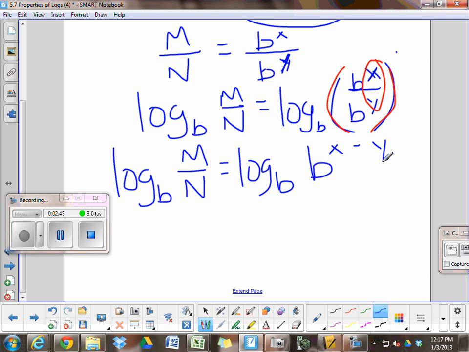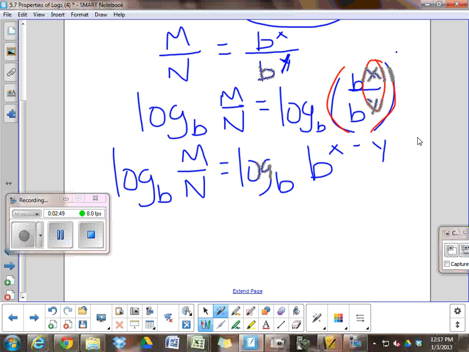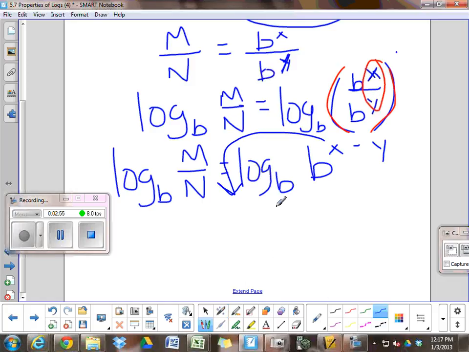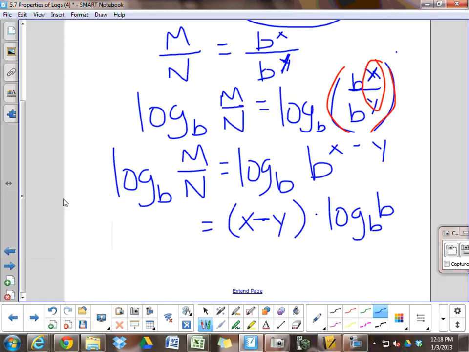And by the power rule, this exponent can come out front and become x minus y, quantity, times the log of b base b, equals the log of m over n base b.